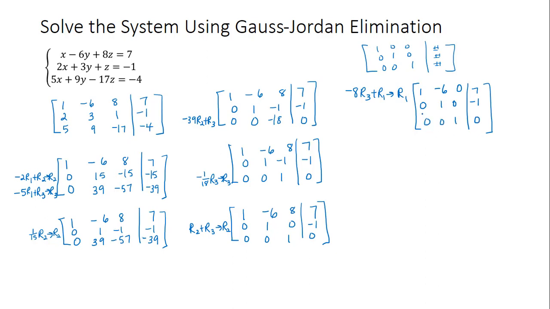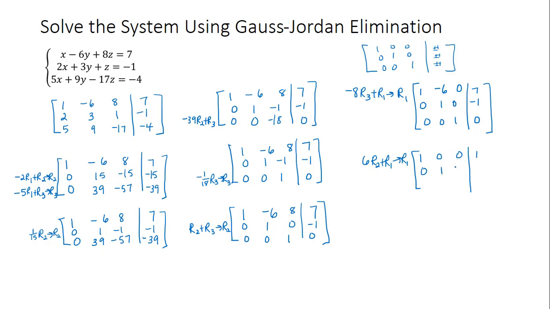And now I just have one last step. In place of this negative 6, I need to get a 0. And I can do that by adding 6 to it. So we're going to add 6 times row 2 plus row 1. 6 times 0 is 0, plus 1 is 1. 6 times 1 is 6, plus negative 6 is 0. 6 times 0 is 0, plus 0 is 0. 6 times negative 1 is negative 6, plus 7 is 1.